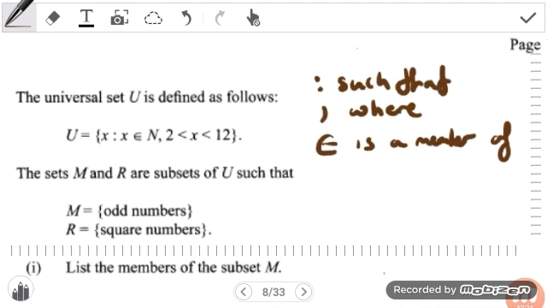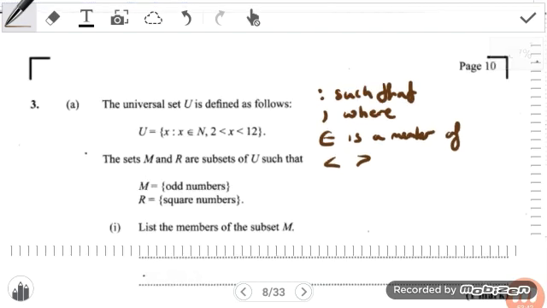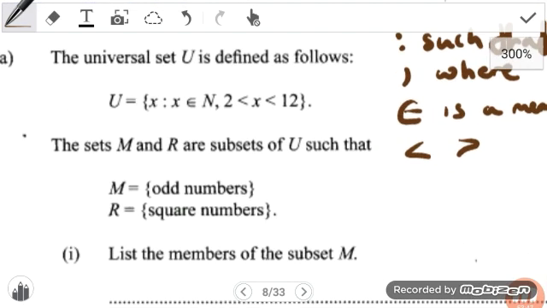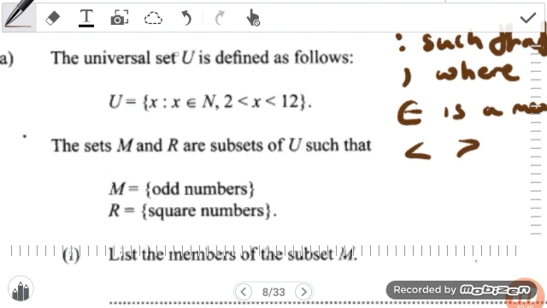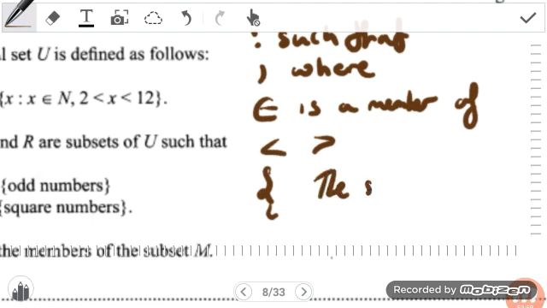So this is saying once again that U, the set that you're talking about, is a set of, oh, I didn't write this one. This means a set of, or the set of. So U is equal to the set of x such that x is a member of the natural numbers.